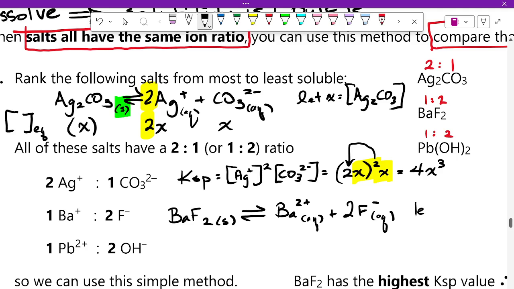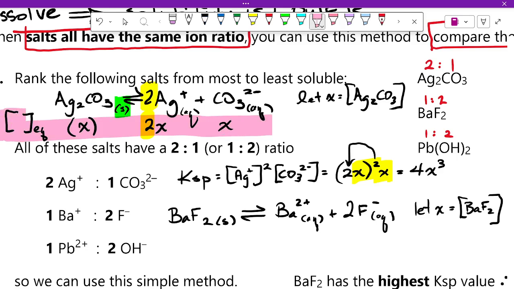And if we let X equal the concentration of BaF2, could you guys fill in this equilibrium concentration row for BaF2 just like we did for the silver carbonate?